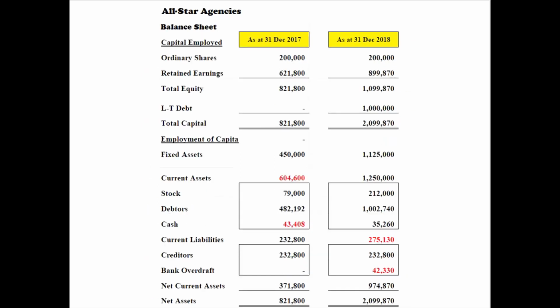You had to add that in to find the new retained earnings. So the key word there is cumulative. Add up the share capital and the retained earnings to get a total equity number.